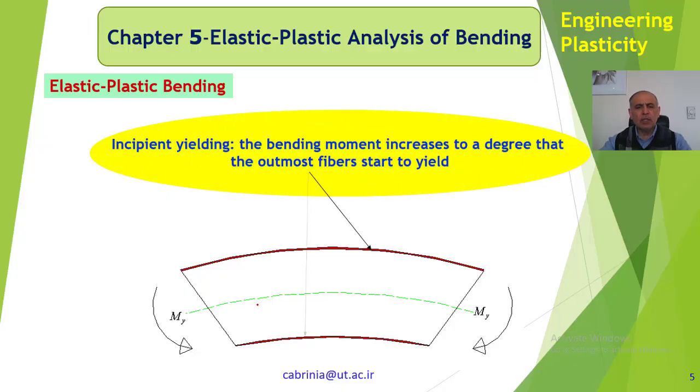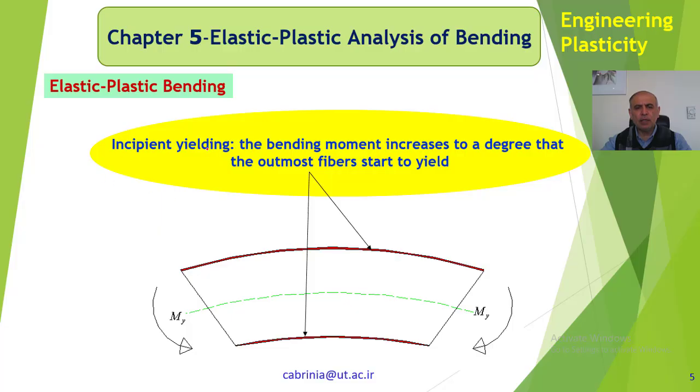Now, as we continue our loading, what do I mean by that? I mean that we increase the bending moment. If we increase M and reach the yield value for the moment, in other words, we increase the moment to a value My, so that the outermost fibers in the beam yield.